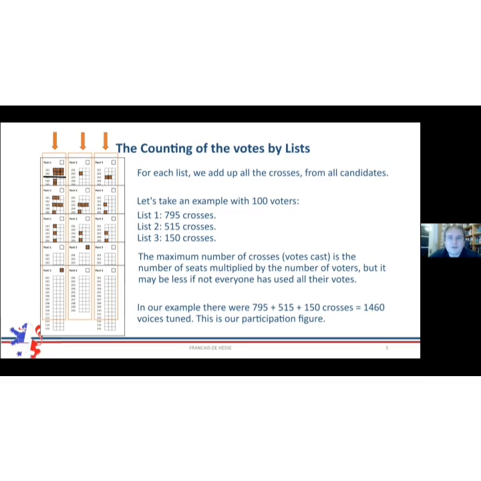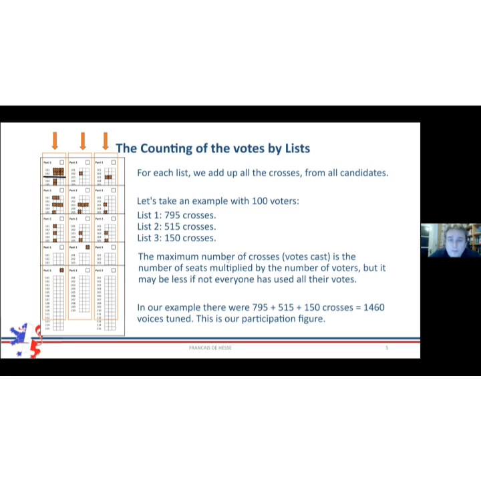So the counting of the votes by lists. We have made an example here. You see, with a simple election with only 3 lists, there have been 100 voters, and the total of crosses for list 1 is 795 crosses. List 2 gets 515. List 3 gets 115.